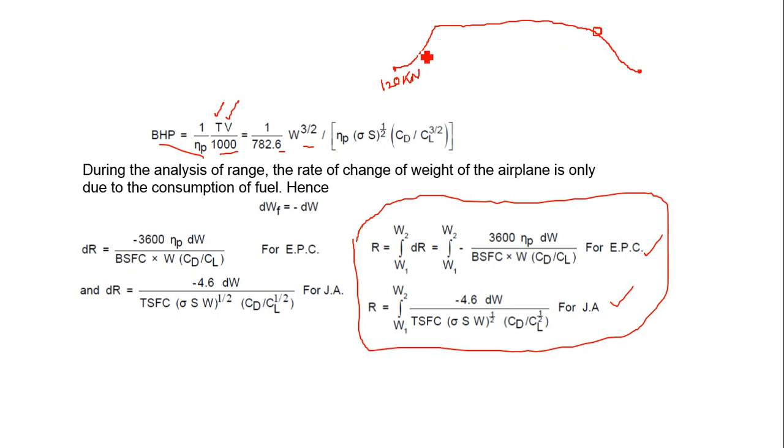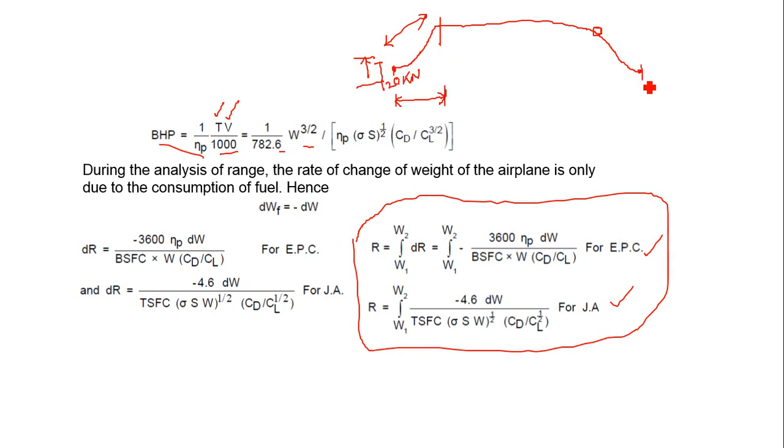We know when an aircraft climbs from here to here, it will take some time, and when covering this distance, there will automatically be some change in weight. That change in weight is because at the starting point it will be at full load of fuel, but when it reaches here, the load of fuel will be somewhat reduced, and it will be like up to this.